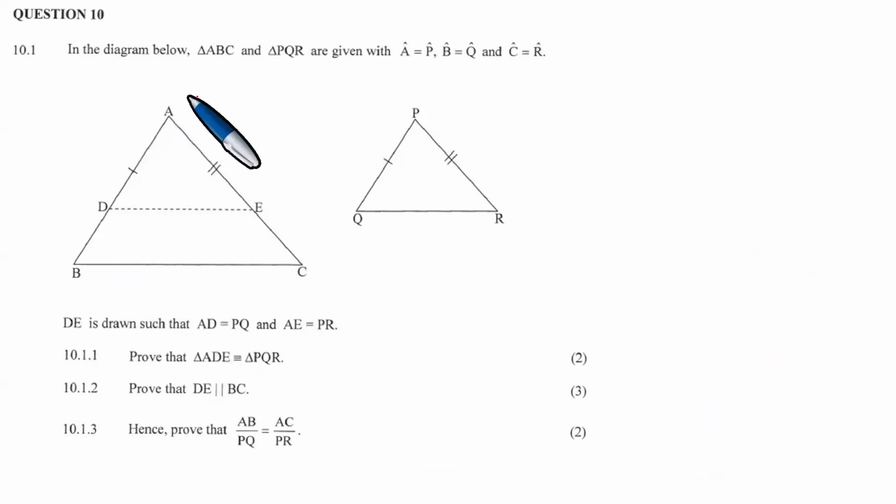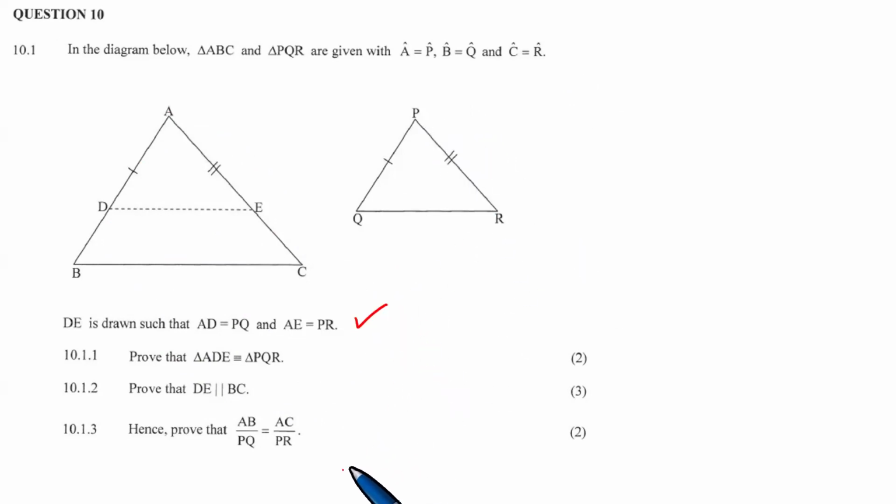In the diagram below, triangle ABC and triangle PQR are given with angle A equals angle P, angle B equals angle Q, angle C equals angle R. DE is drawn such that AD is equal to PQ, and also AE is equal to PR.